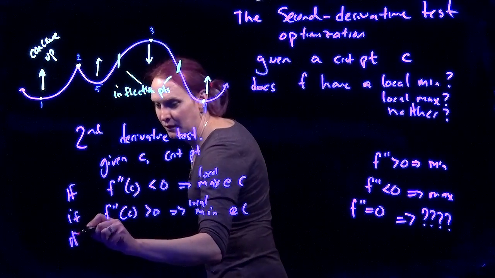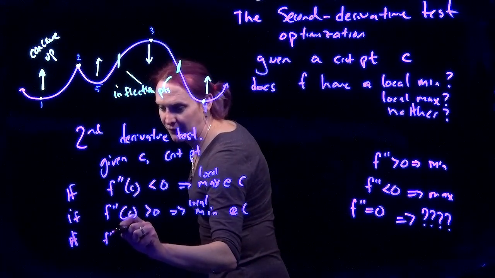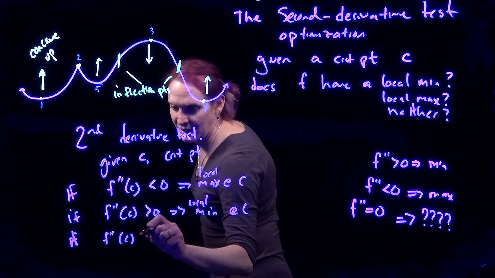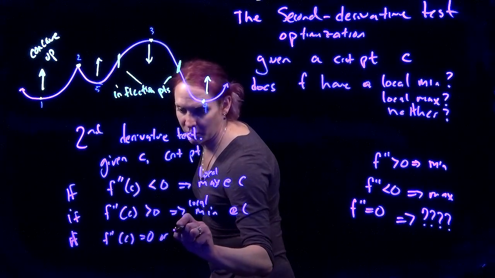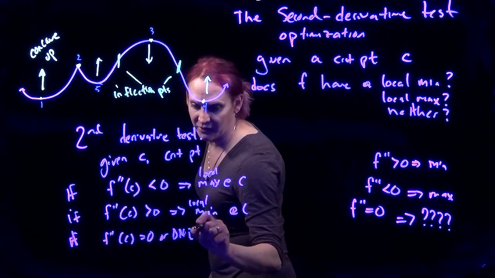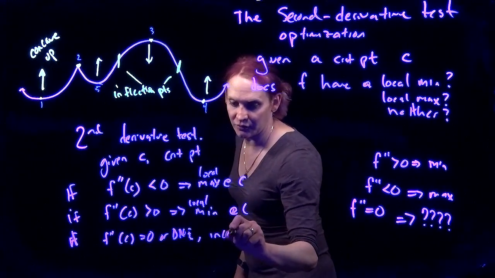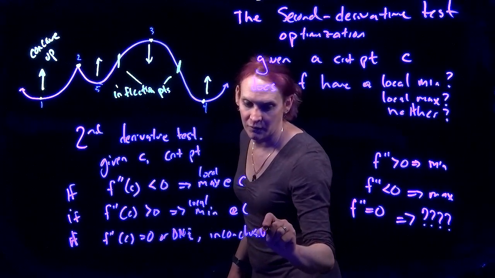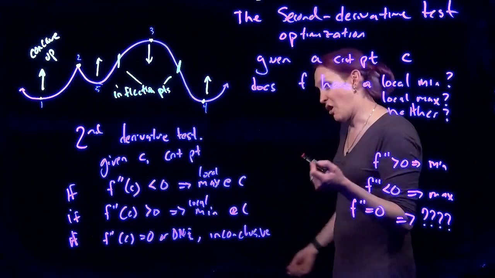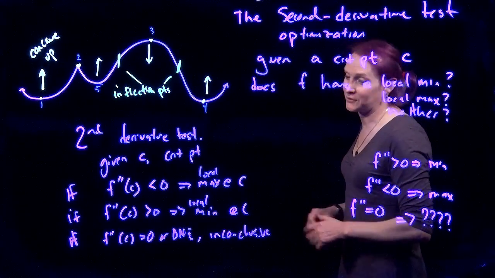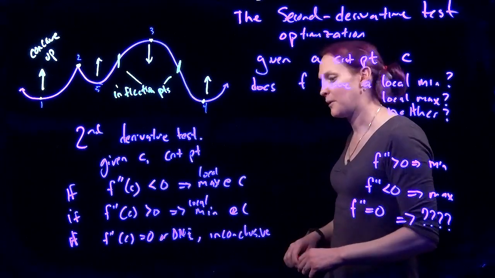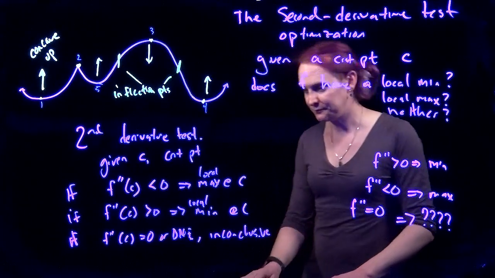If f double prime of C is equal to 0 or does not exist, like that one, then it's inconclusive. And we don't know what to do. The answer is to use a different test and figure out a different way.